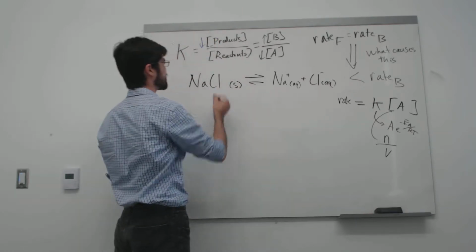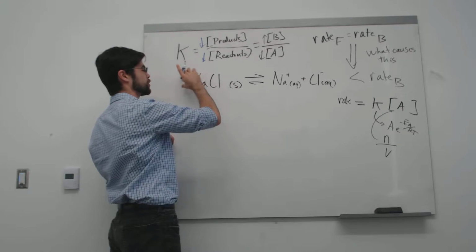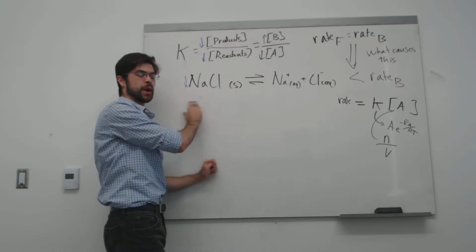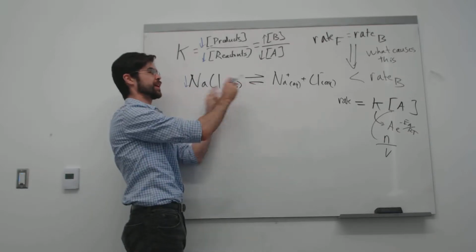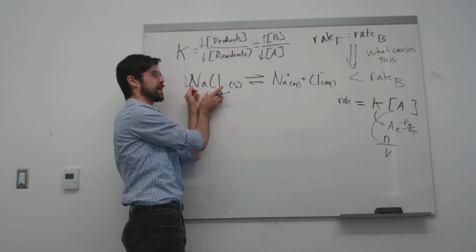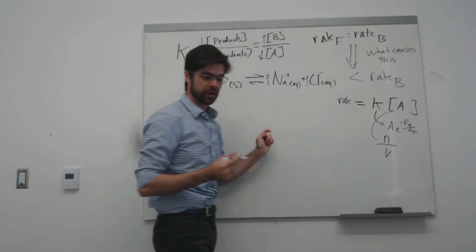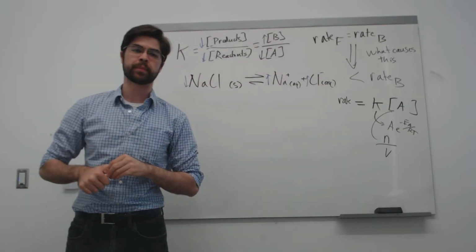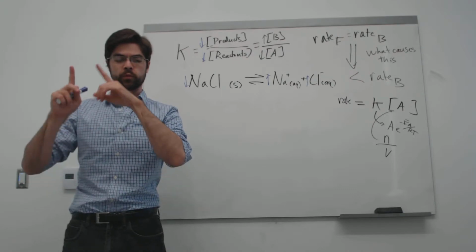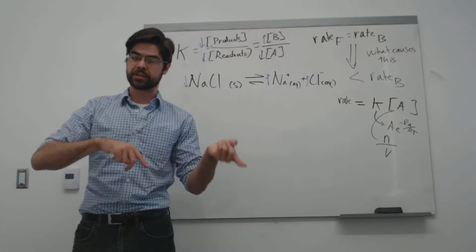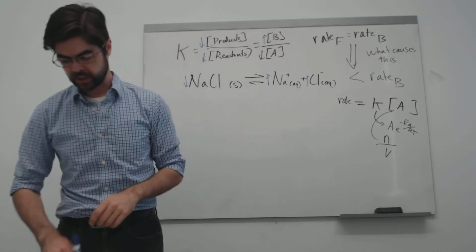The only way I can fix that is by losing reactants. So I will drop the amount of sodium chloride. By dropping the amount, I mean that it dissociates, going from NaCl solid to sodium plus and chloride minus. Again, Le Chatelier's principle tells you that if you stress a system in one way, it will change to negate or minimize that stress.